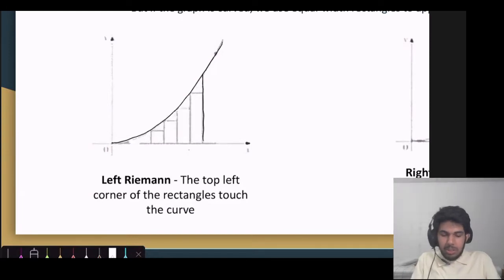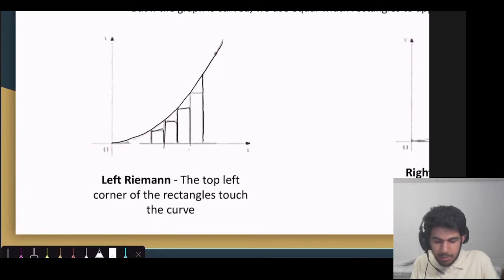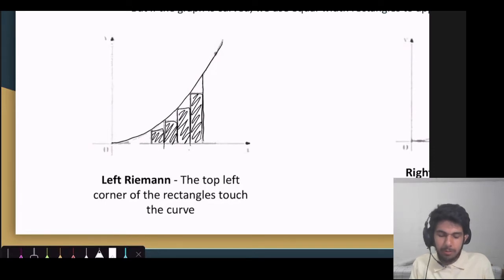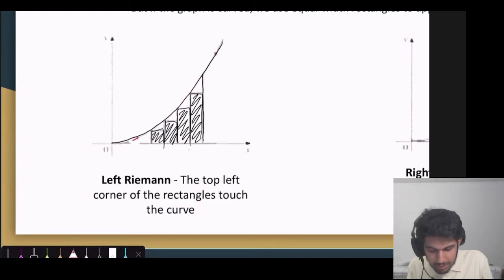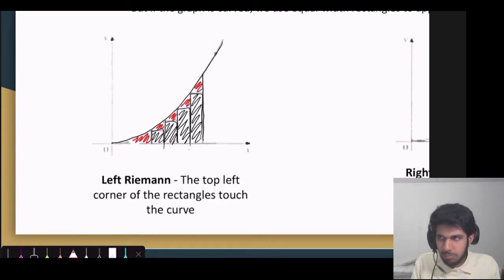And the way we're going to do it is we're going to take a bunch of these rectangles and just shove them underneath the curve. And we'll say if we take the sum of the areas of these rectangles, that'll be pretty close to the actual area under the curve. It's not going to be exact, like we're still missing out on this area here, here, here, here, and here, but it's pretty close, right?